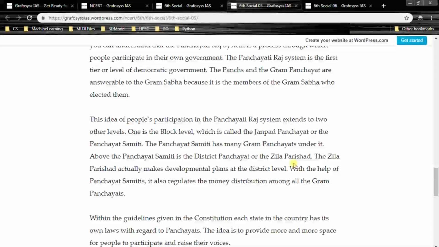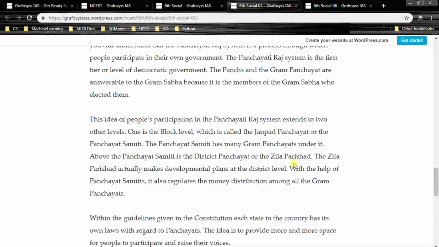So there are two other levels, that is the Panchayat Samiti or Janpad Panchayat. Above it there is one more level, that is the district Panchayat or Jilla Parishad. So developmental plans take place at the Jilla Parishad or district Panchayat.